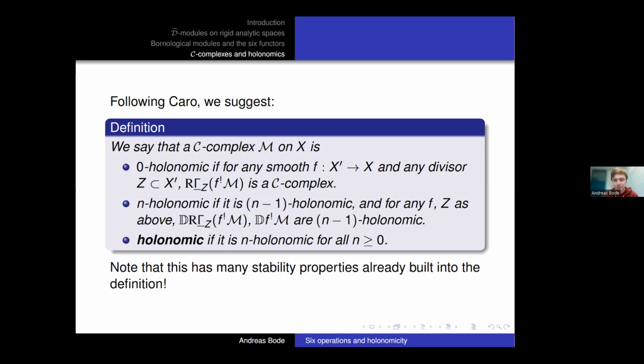Yeah, but my question is more along the lines of comparing the sizes of your category of C complexes and the category of nuclear modules over D of X. Right.